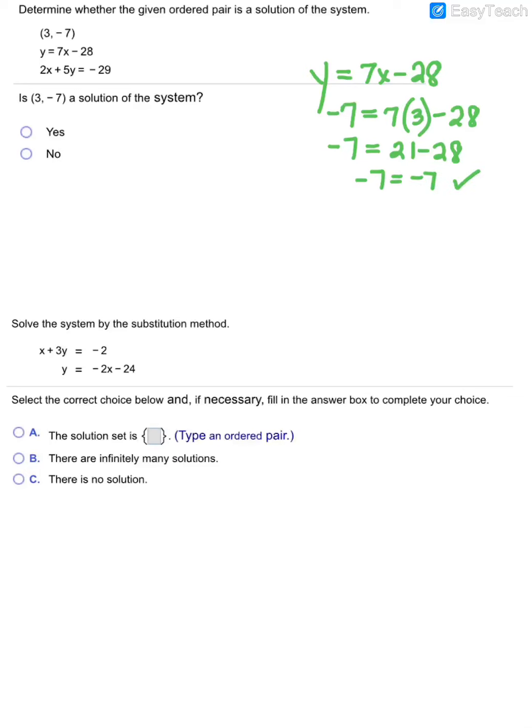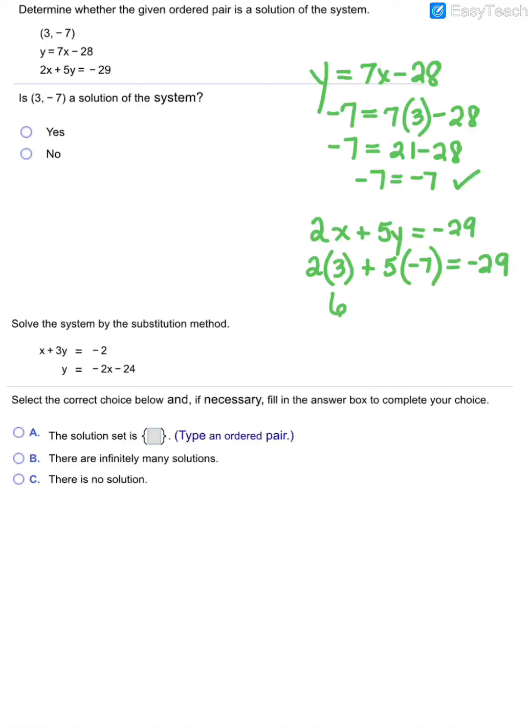But then I have to also check the other equation. So my other equation is 2x plus 5y is equal to negative 29. Again, plugging in the given value of x and y, I'm wanting to know if 2 times the x value of 3 plus 5 times the y value of negative 7 is equal to negative 29.